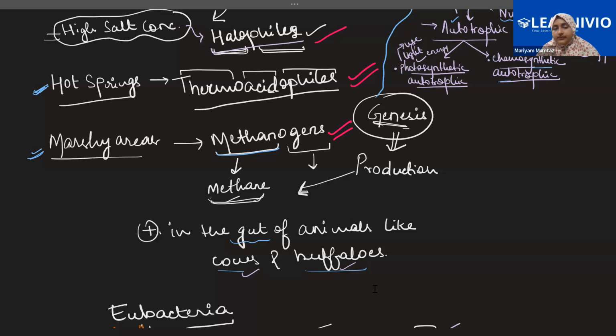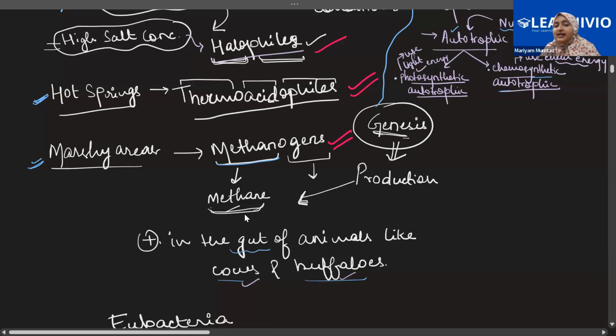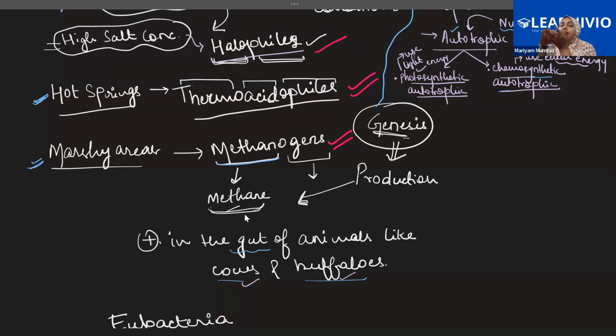See, depending upon where they live, they actually live in harsh environments, harsh conditions. For example, the different types of archaebacteria are halophiles, thermoacidophiles, and methanogens. Halophiles are those organisms that live in high salt concentrations. Thermoacidophiles are those that live in hot springs, the hot water bodies.